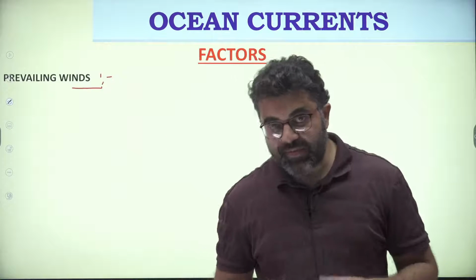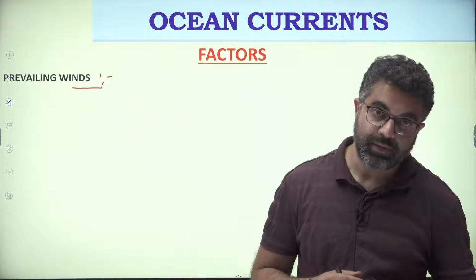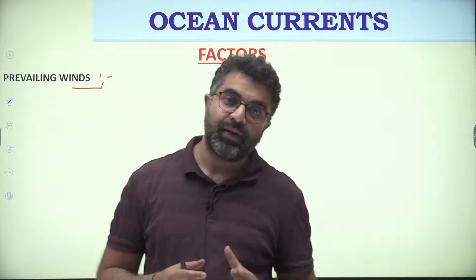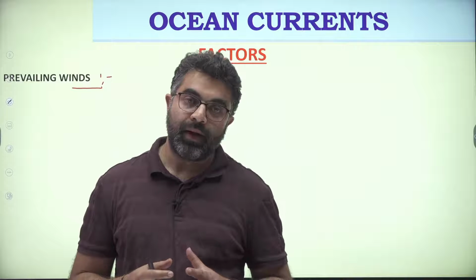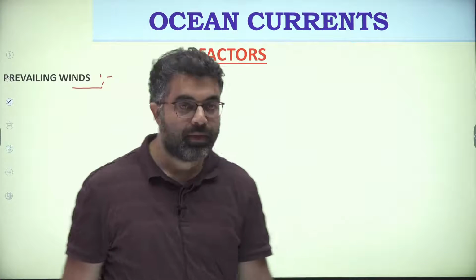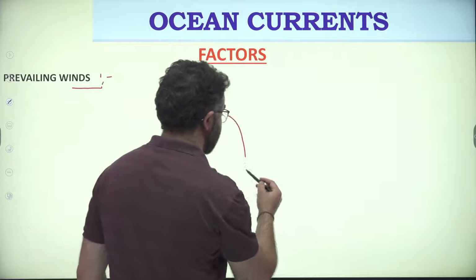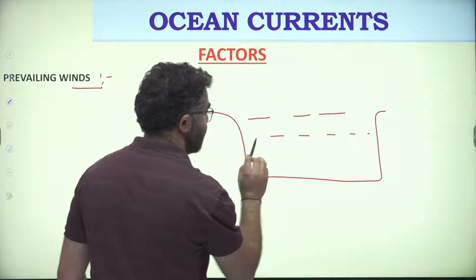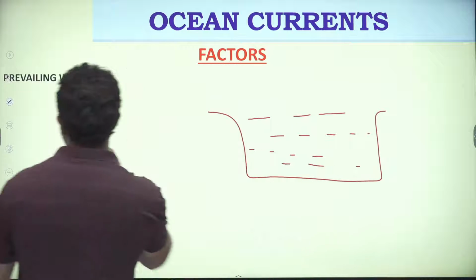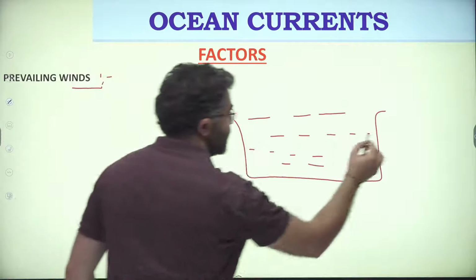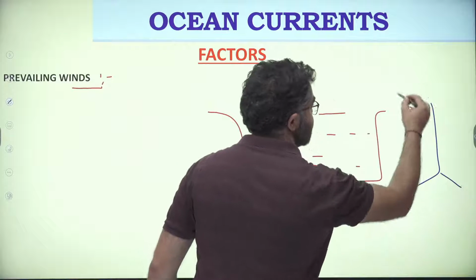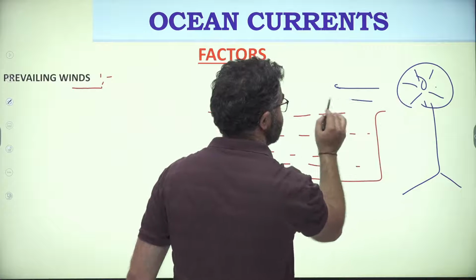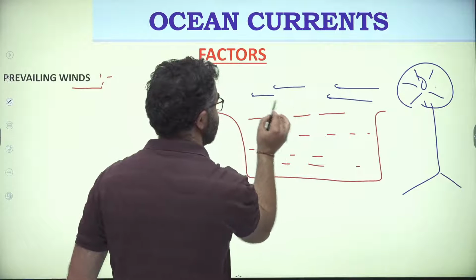Now, how do winds have effect on ocean currents? Suppose there's an air current that moves. Right? You take a tub of water, and keep it in front of, suppose, a table fan. This fan will blow air.